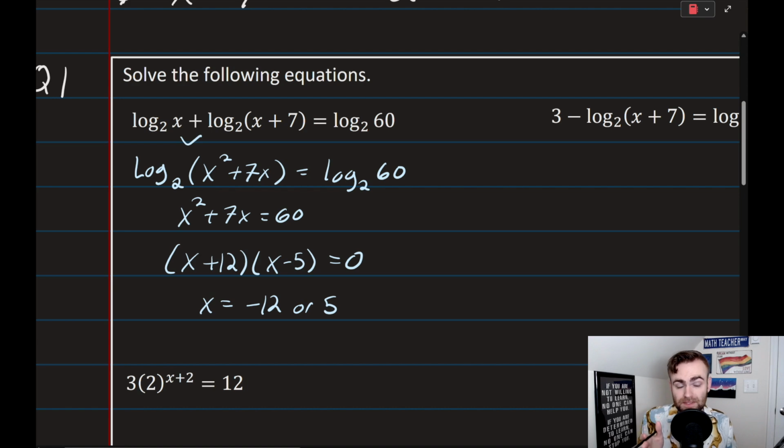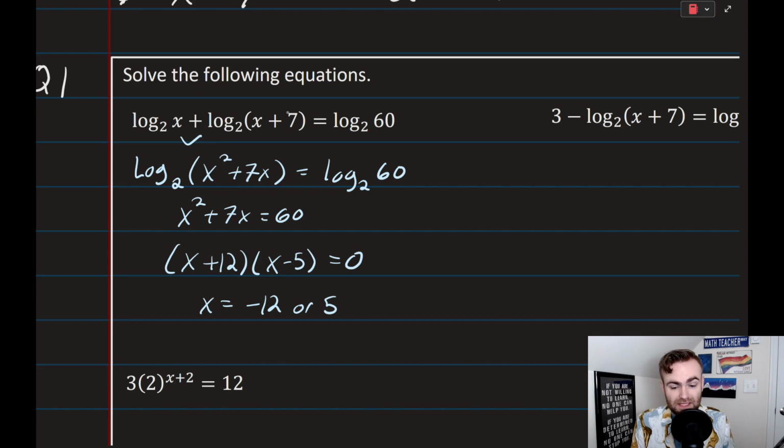Now, for logarithms, you really need to check your solutions. We are now dealing with functions that have restricted domains. Logarithms only work when their argument, or their inside, is positive. So just because you have a negative number here doesn't mean it's off the charts. It might not work. You have to plug it into the logarithms to see if it will.